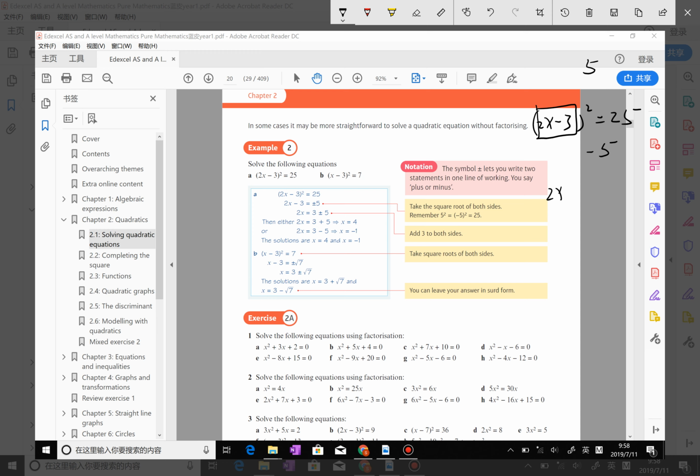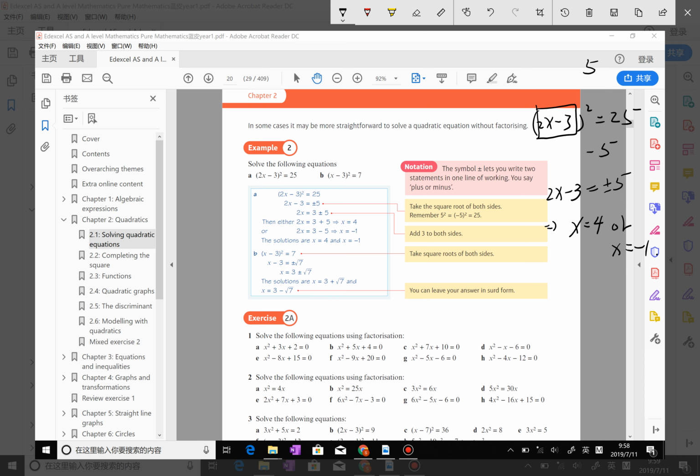So you should have two solutions: 2x minus 3 equals positive or negative 5, so x equals 4 or x equals negative 1. There are two solutions for the equation.